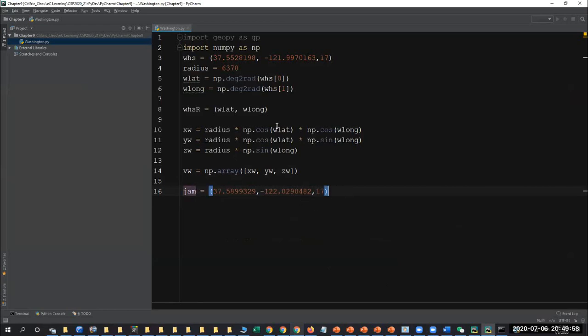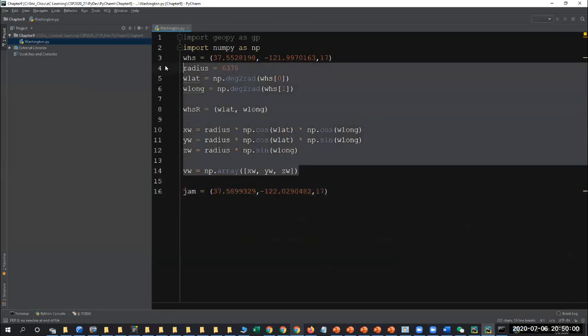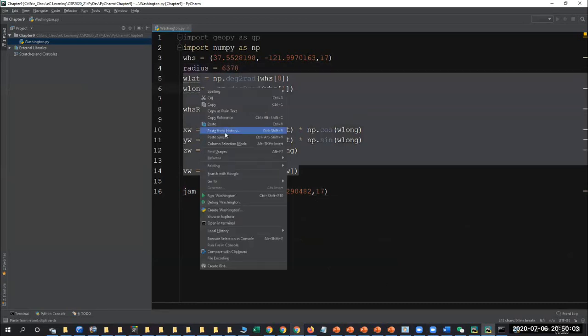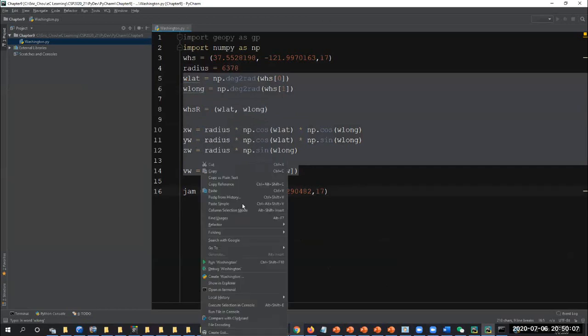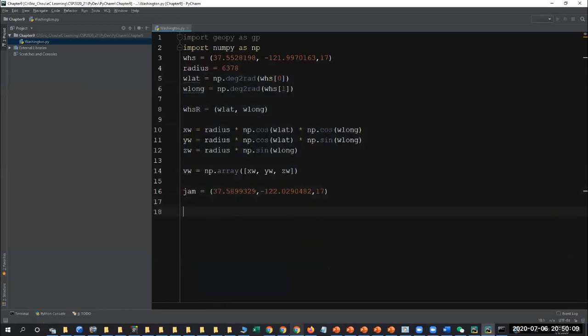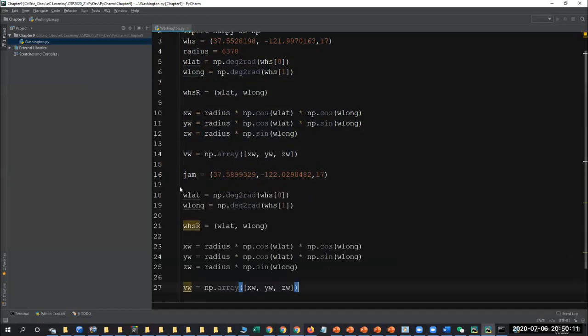So we got this one, and then the same thing, we copy the whole thing and we put it here. So here let me change it to J. And here I should put JM.